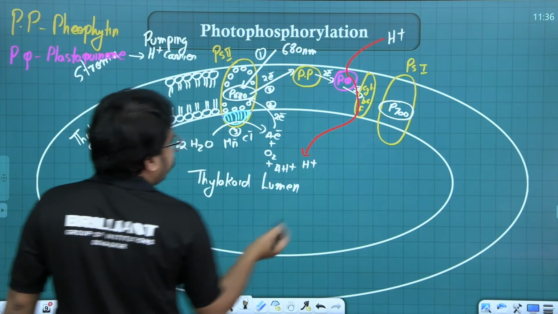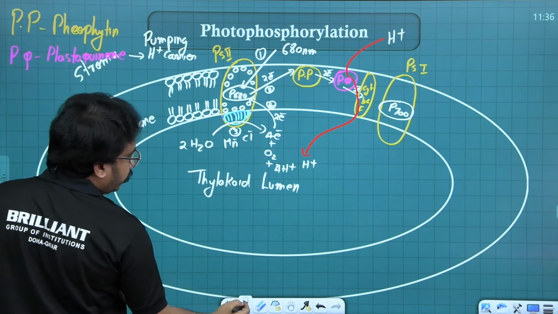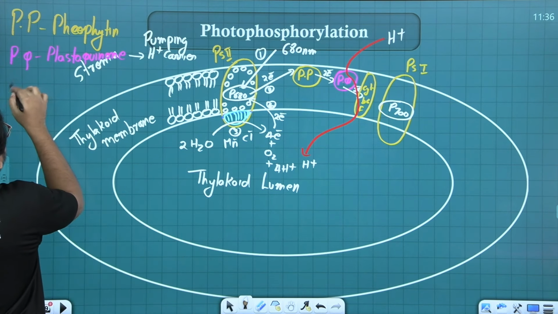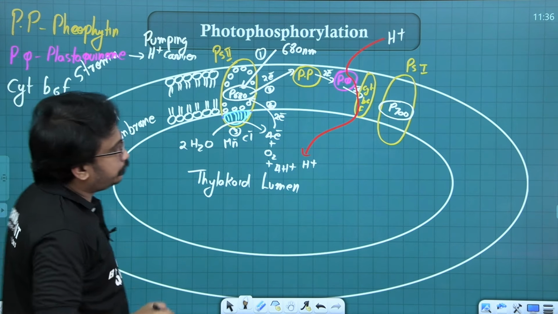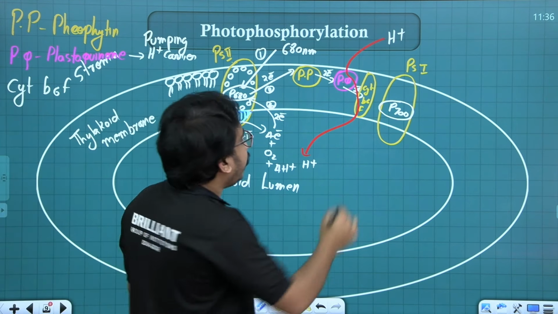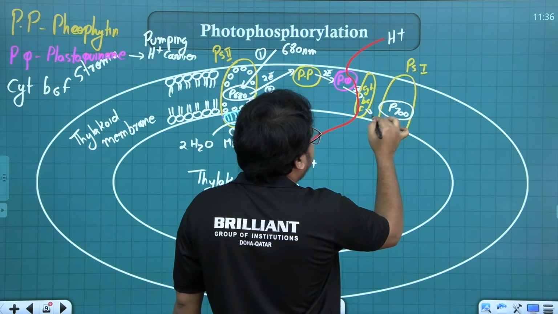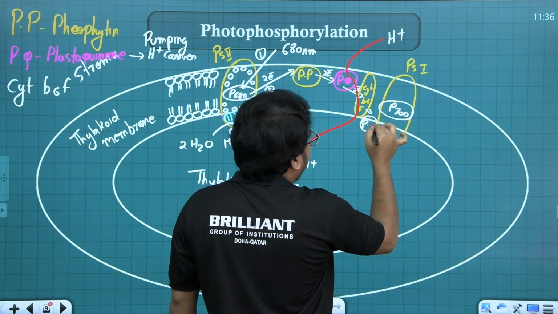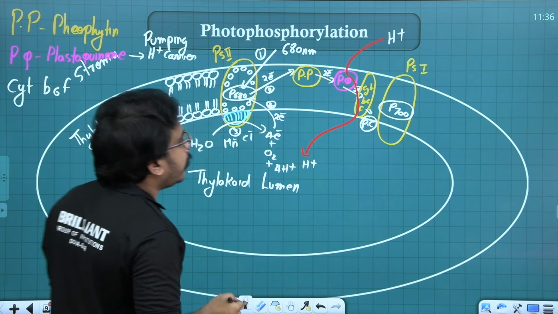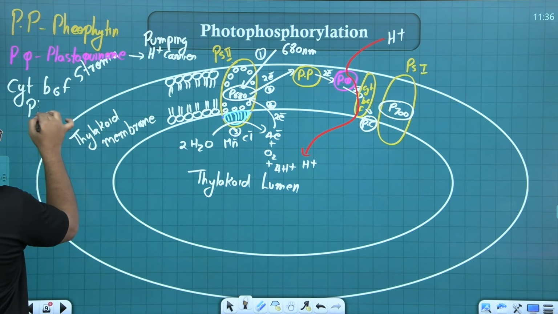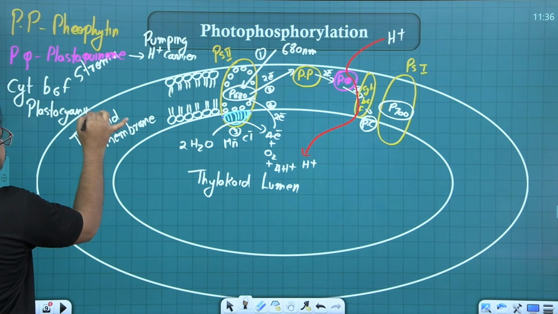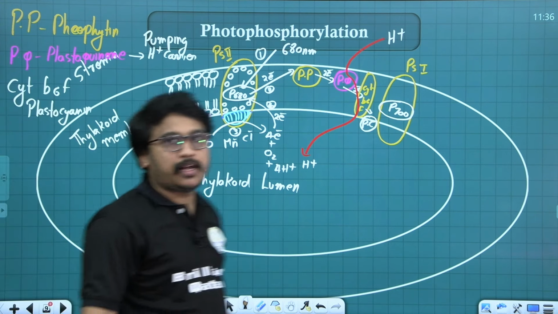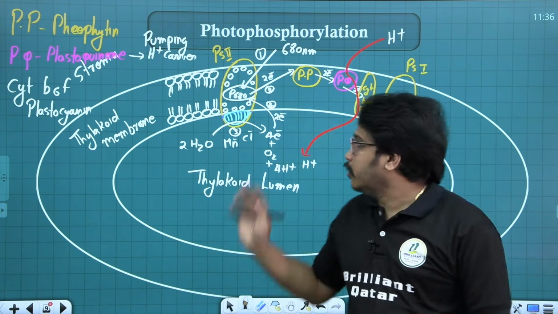And the next person to which these electrons are going is the cytochrome B6F complex. And finally, the electron will be reaching plastocyanin. PC, what I am writing, represents plastocyanin. It contains copper and all. So to plastocyanin it will be moving.